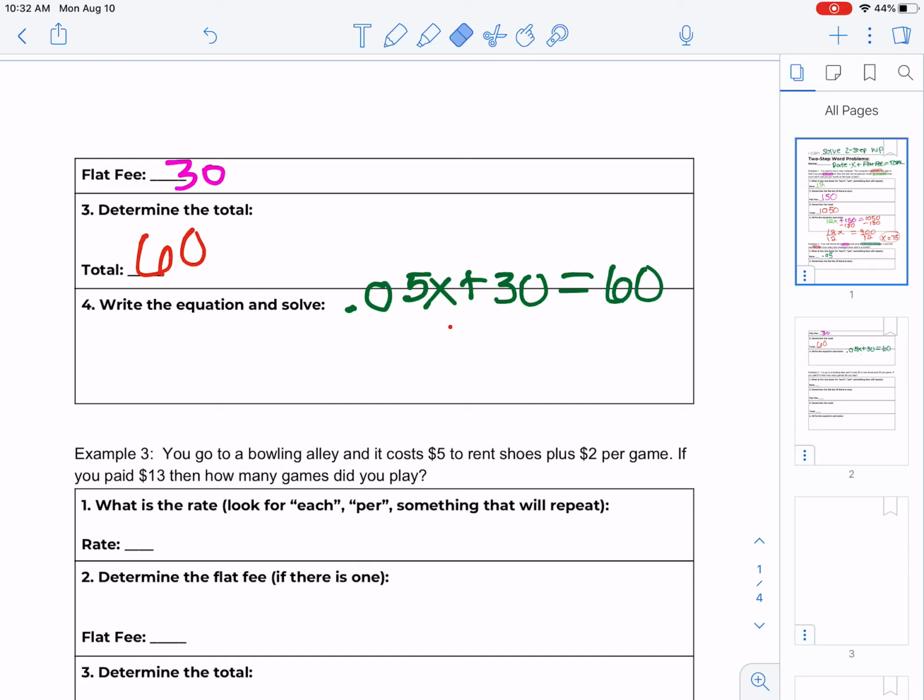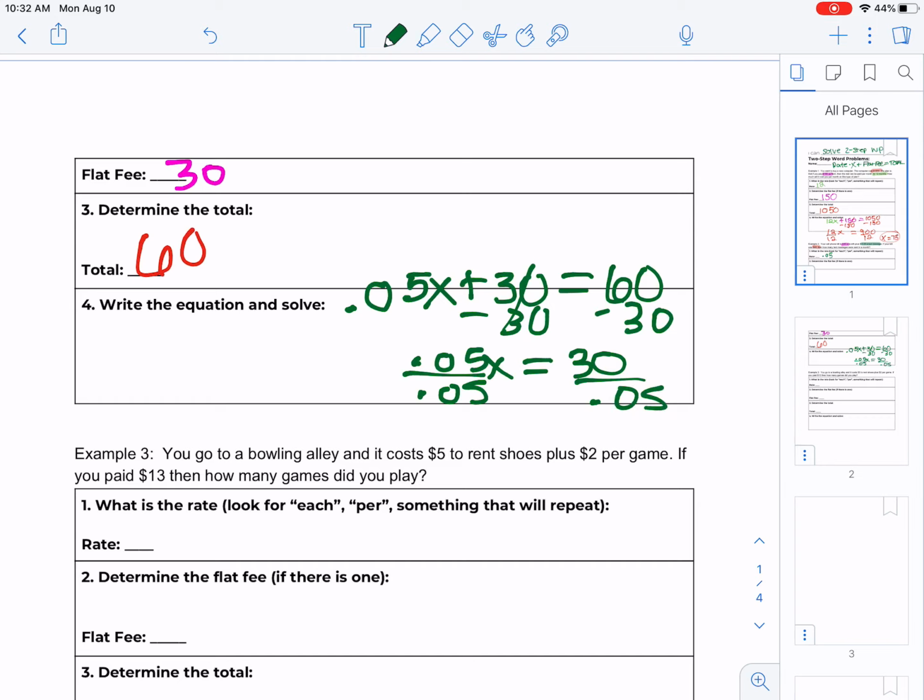If we go ahead and solve this equation, we always get rid of the addition or subtraction first. So we're going to subtract 30 from both sides. That leaves us with 0.05x equals 60 minus 30, which is 30. Last step, to get rid of a multiply by 0.05, we're going to divide by 0.05.